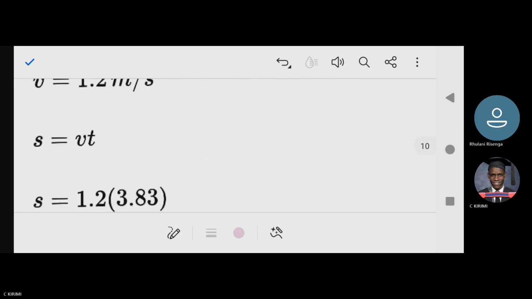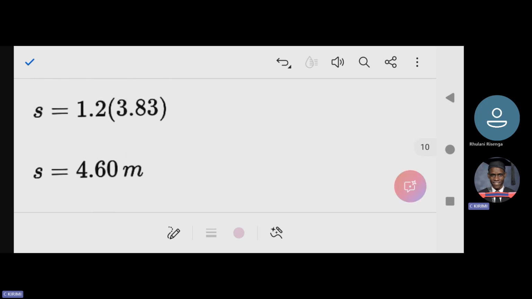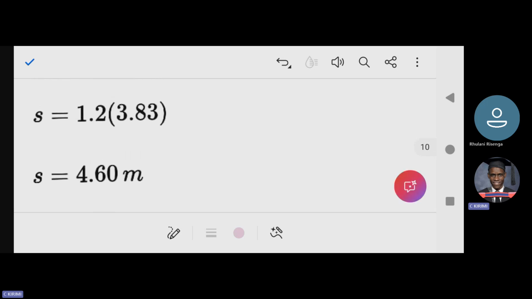Using speed times time, we found the balloon has moved downwards 4,60 meters, approximately. Any questions so far before we move on?